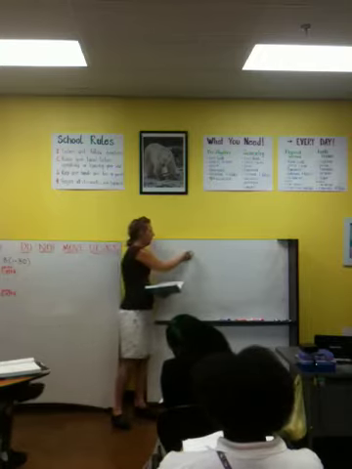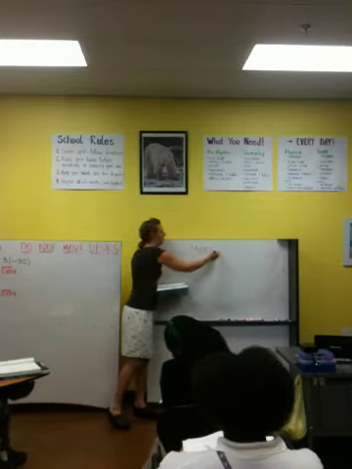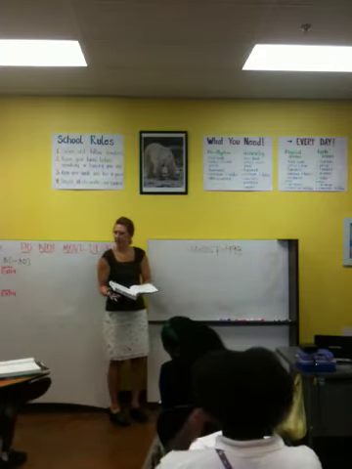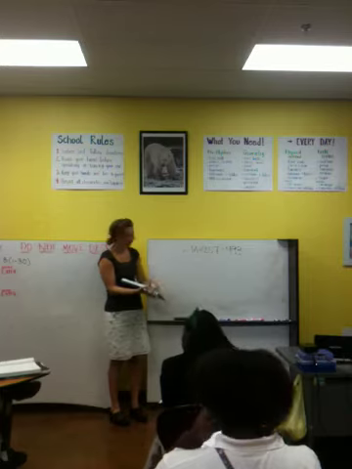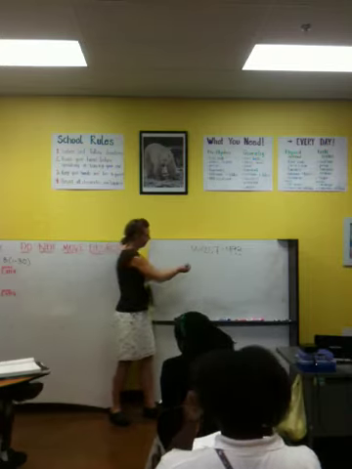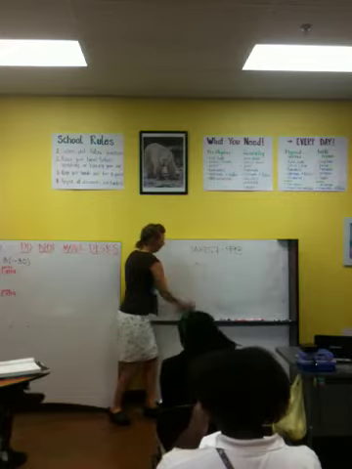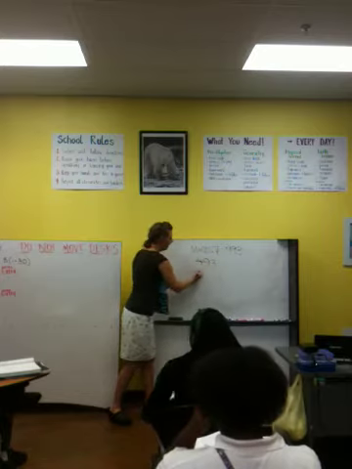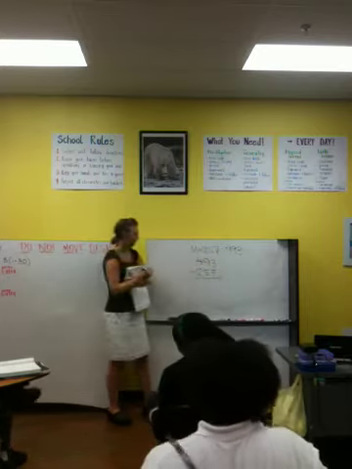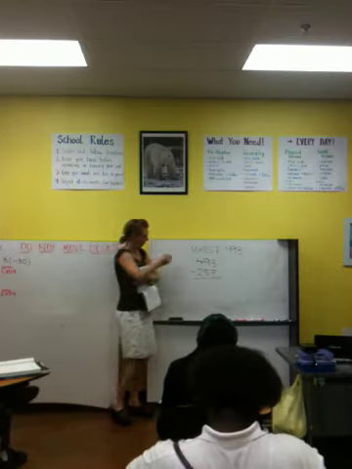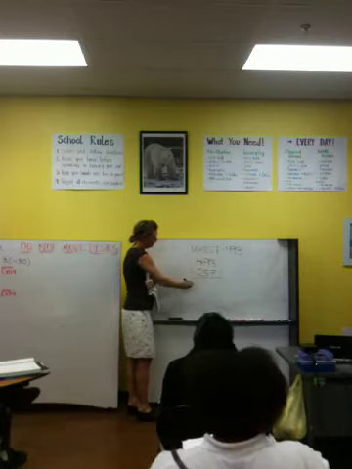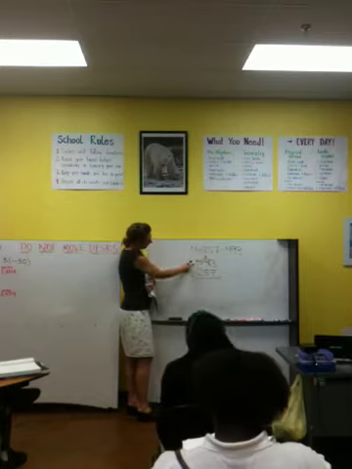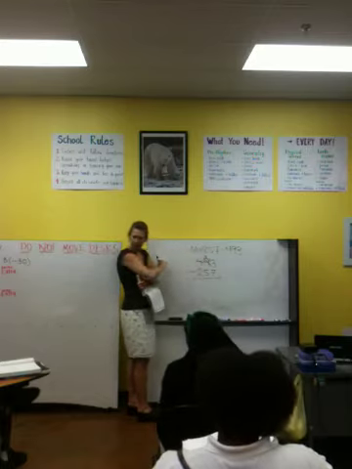M plus 257 equals 493. How do I solve for M?